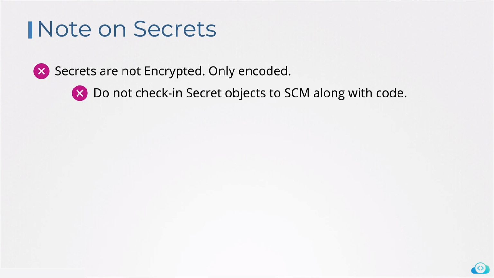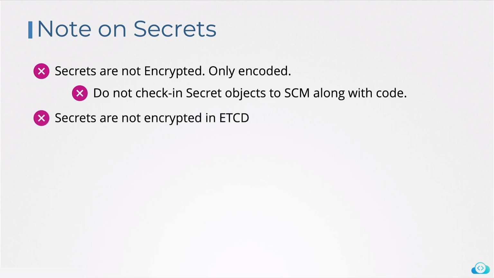There are lots of repositories already on GitHub where users have pushed their secret objects along with the rest of their code. You could easily get those secret objects, read them, and then just decode them using the base64 option that we just discussed, and you can get to see what the underlying passwords are. So keep that in mind.